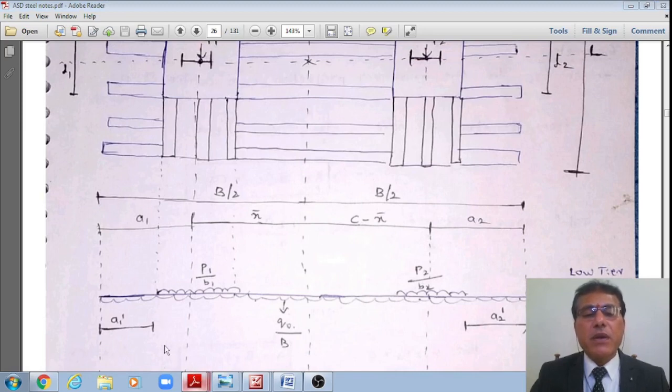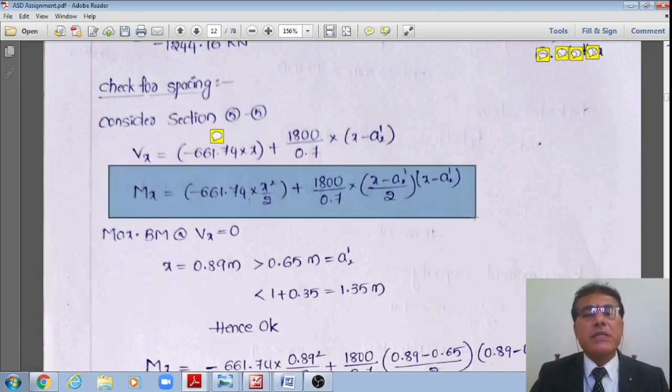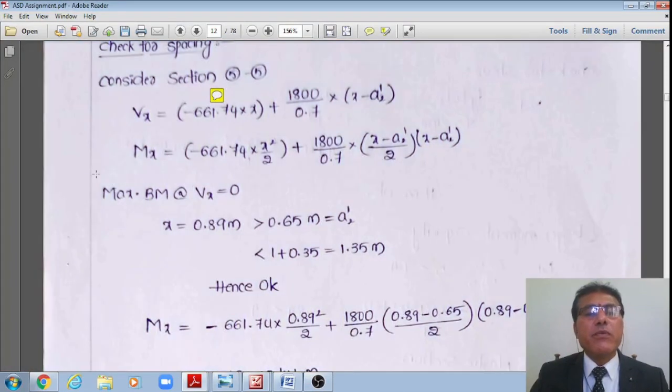Therefore, upon analysis under the second column, I'll get the maximum bending moment, given by QLx multiplied by x square by 2 plus the load 800 divided by 0.7 multiplied by x minus a2 prime, the whole divided by 2.